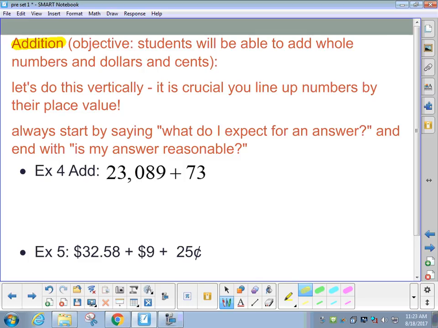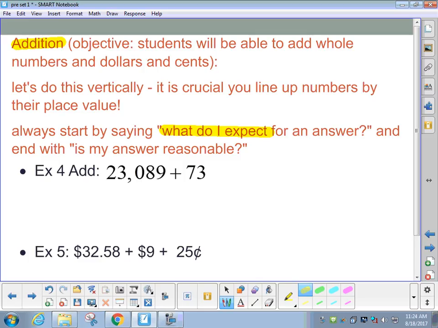So, would you please write down at least, what do I expect? Any good problem solver, this is a skill that catches errors. We all make mistakes, but if you have this skill in your math toolkit, you will catch so many mistakes. What's a reasonable answer?